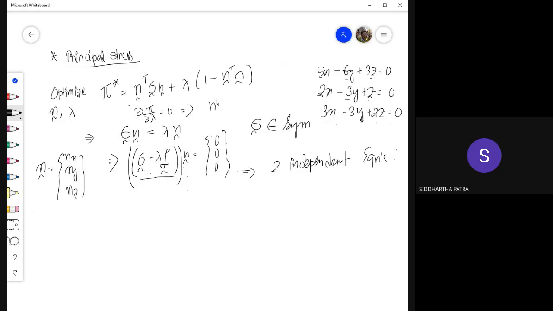So this is your fourth equation. Your nx, ny, and nz are supposed to satisfy this constraint, and after that they can appear in this equation, and that way you get to calculate lambda as well. So together you can use this set of four equations.